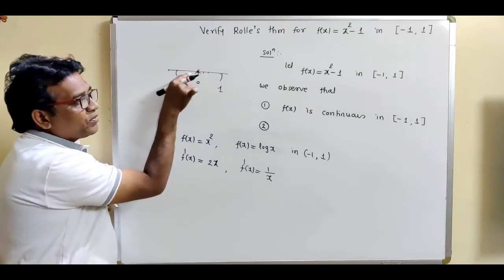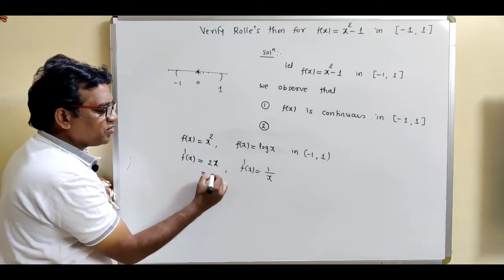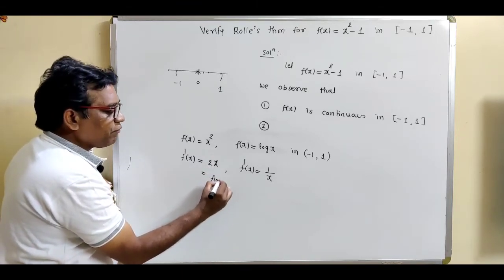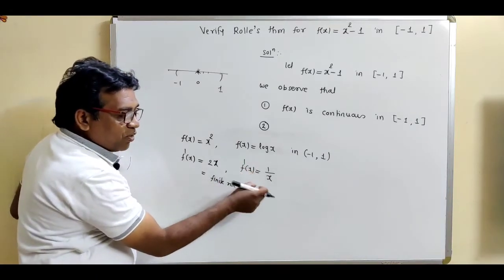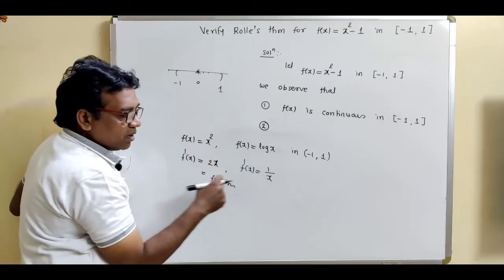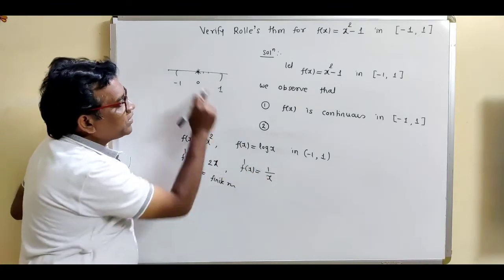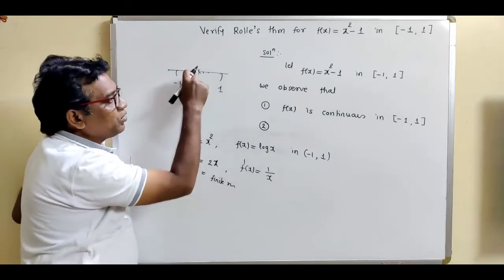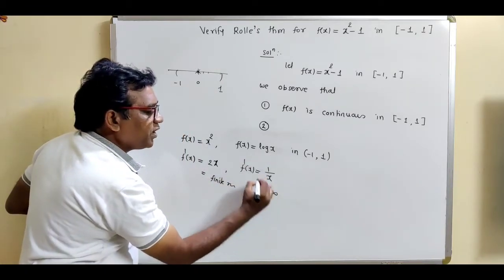Now if we take the middle number x equal to 0, then 2 into 0 is 0. So it is some finite number. If we put x equal to 0 for the derivative f dash x, which is 1 upon x, then 1 upon 0 means it is infinity.